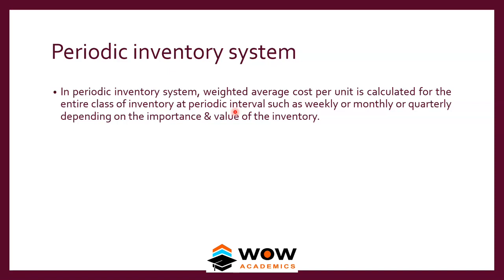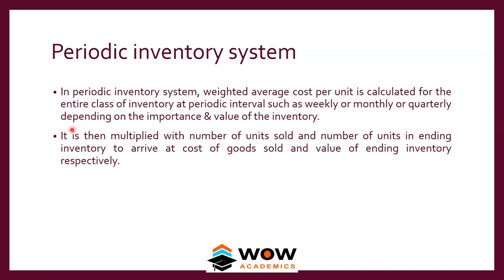So once a month they find out the total inventory value. That is called finding the inventory value periodically. It is then multiplied with the number of units sold and the number of units in ending inventory to arrive at the cost of goods sold and the value of ending inventory respectively.